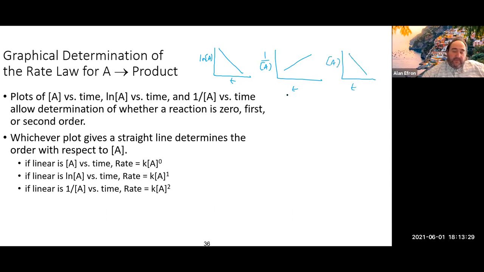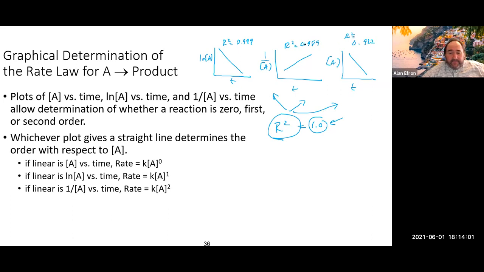And what you would do is basically look and see which one is the most linear. If you're using something like Excel to do these graphs, you would look at the linear coefficient, which is r squared, and an r squared value closest to 1 is perfectly linear. So you would find the r squared value is like 0.999, r squared value is like 0.989, r squared value is like 0.922.